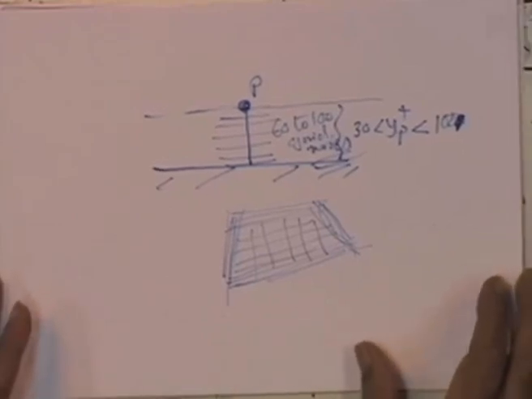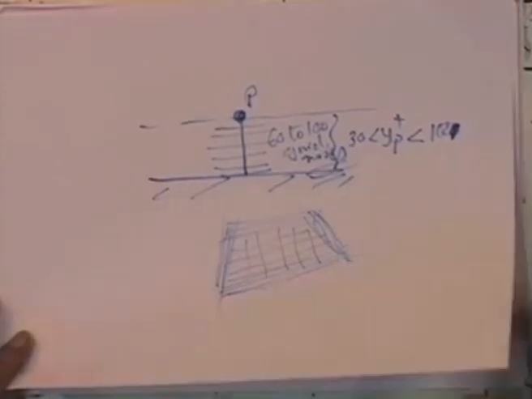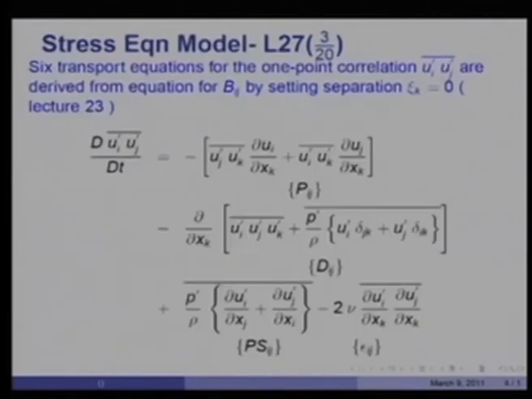Such low turbulence Reynolds number models, inasmuch as their validity is far greater than that of the high turbulence Reynolds number models, tend to be very expensive, and therefore one needs to be a little careful in using these models. That means we use them only when they are absolutely essential. So, an extremely fine mesh, usually greater than 60 grid nodes, would be required in the Y plus less than 100 region. So, that completes the discussion on eddy viscosity models.